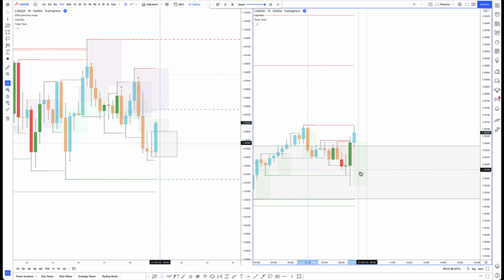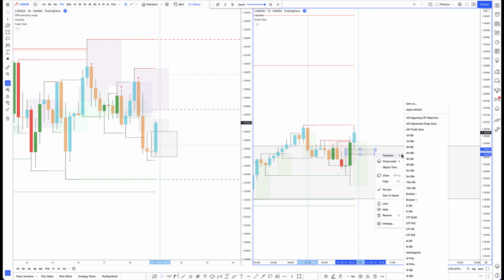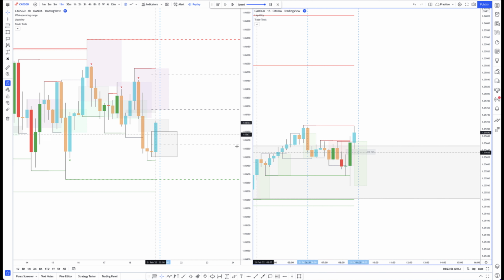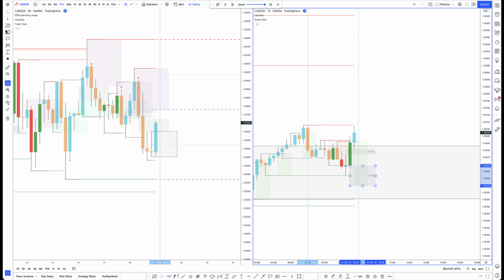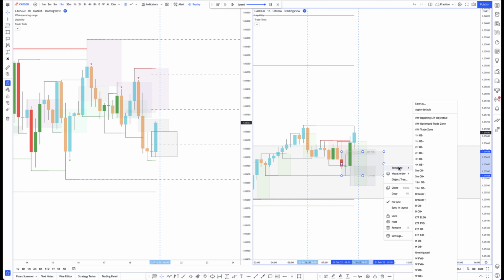This could be interesting. So I can clearly see a fair value gap here. Can also potentially see a rejection block here. And it's an unmitigated order block as well.